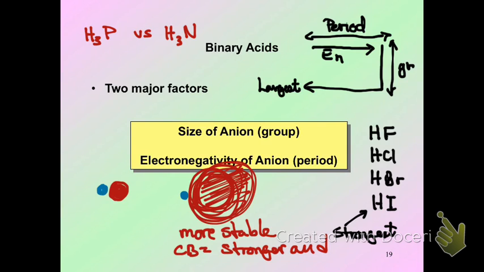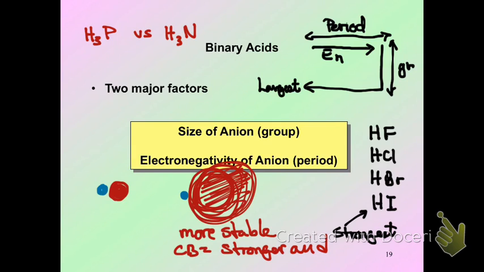It's very weak. But which of H3P or H3N would be a stronger acid? H3P, right? Just because it's bigger, it distributes the charge better. That's an example of something as a binary acid, right?